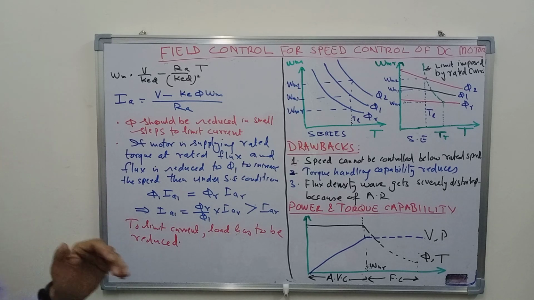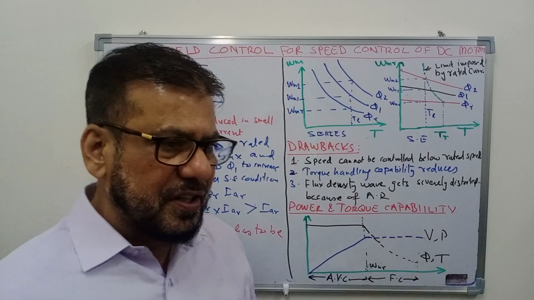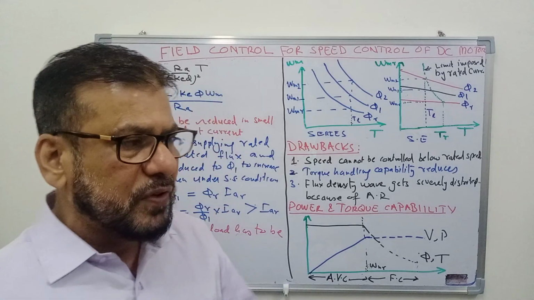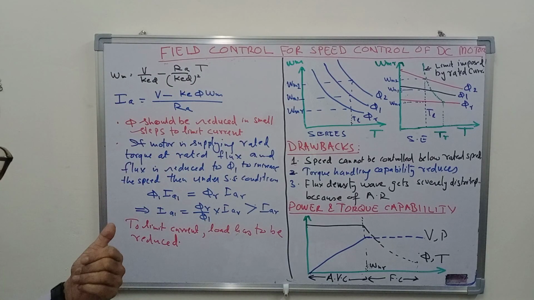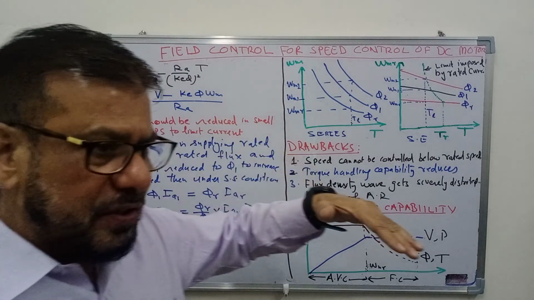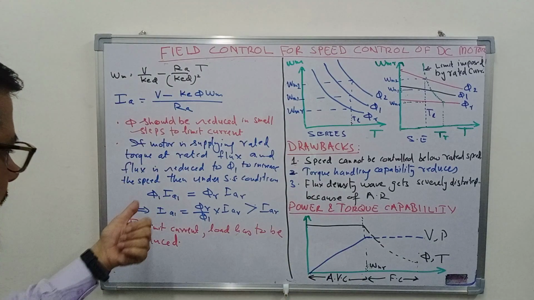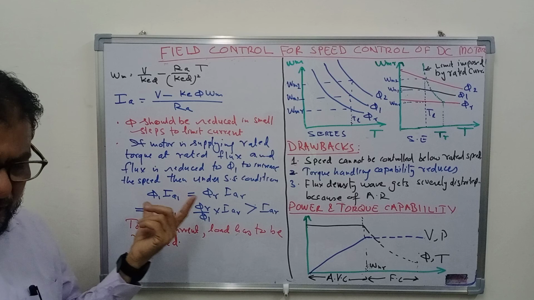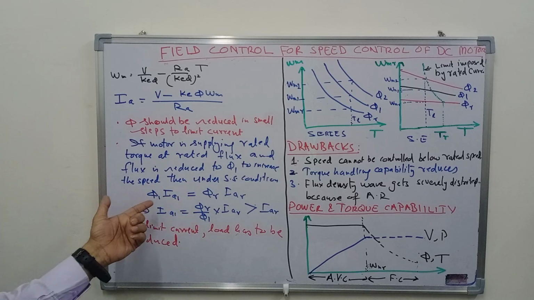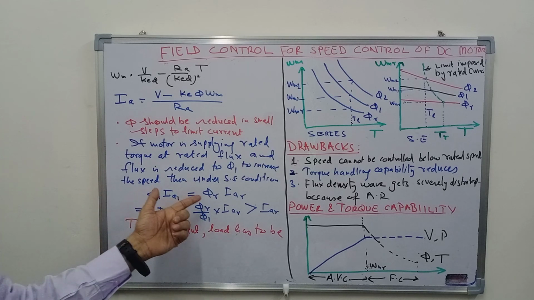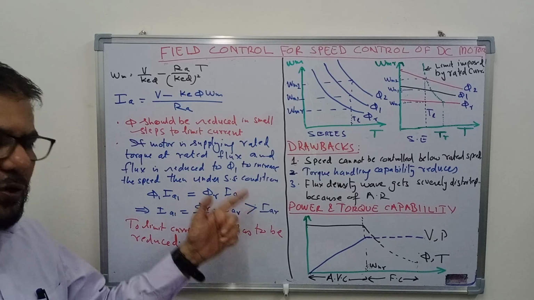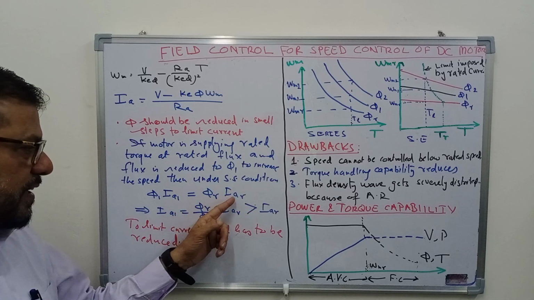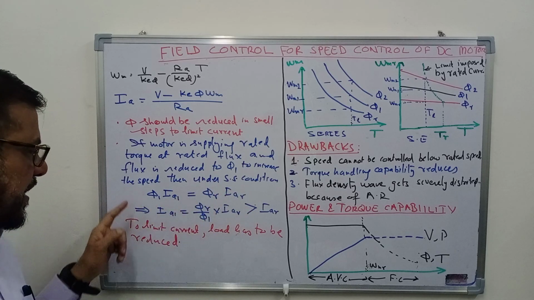At the steady state condition, when the speed settles down to the new value, if the load torque is constant, the new torque Ke phi 1 Ia1 will be the same as the original torque, Ke phi r Iar.